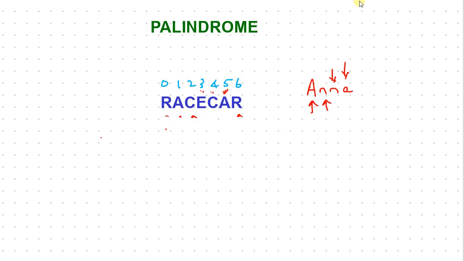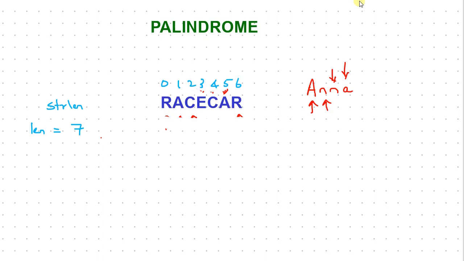Okay, and if you are using the function strlen, we get the length of the string, and in this case it will be 7. So the first letter is at i equal to 0, and the last letter will be stored in the array at i equal to 6. Okay, so that's how the string is going to be stored in an array.